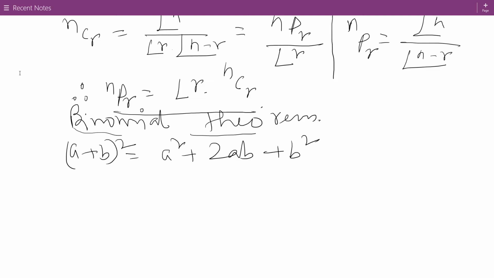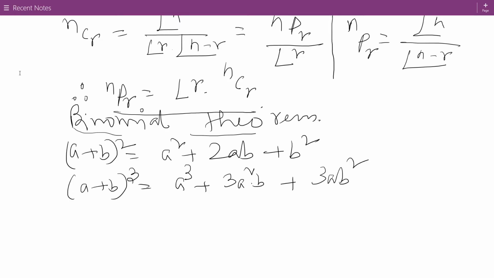Power is 2, terms are 3. If you write A plus B whole cube, A cube plus 3A square B plus 3AB square plus B cube, power is 3, total terms are 4.